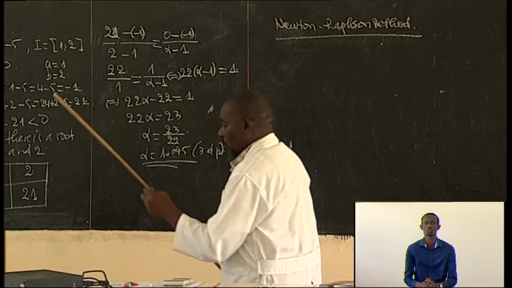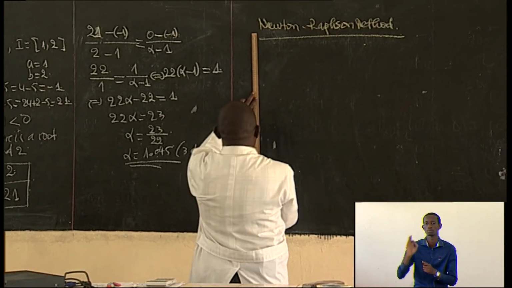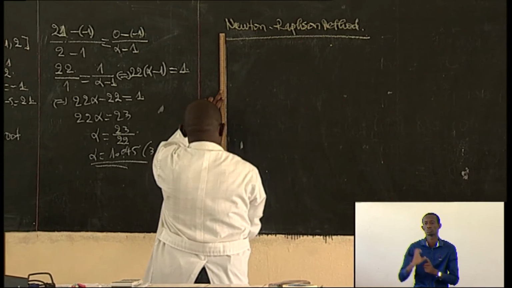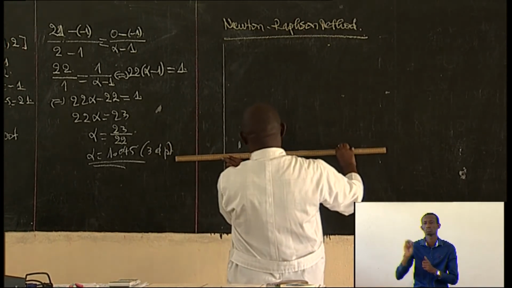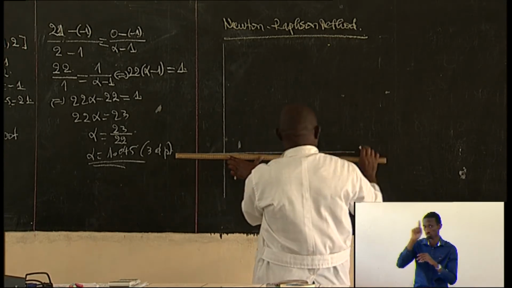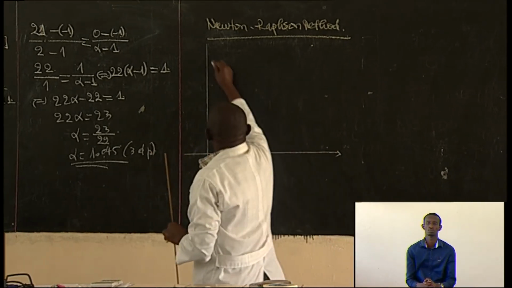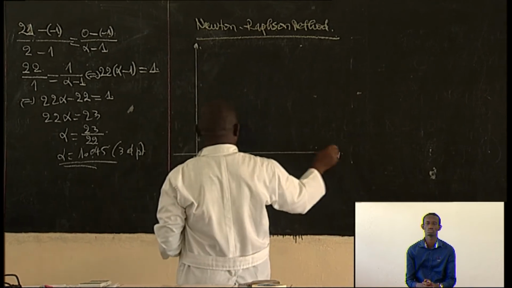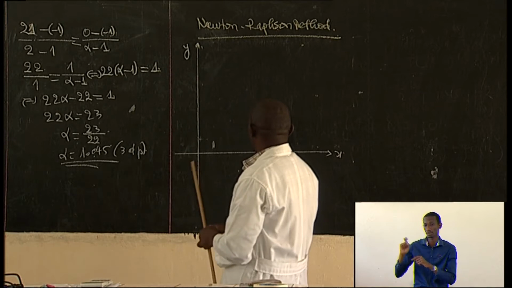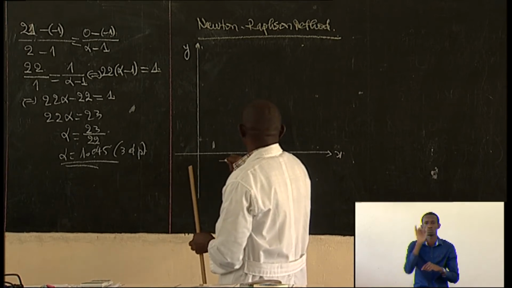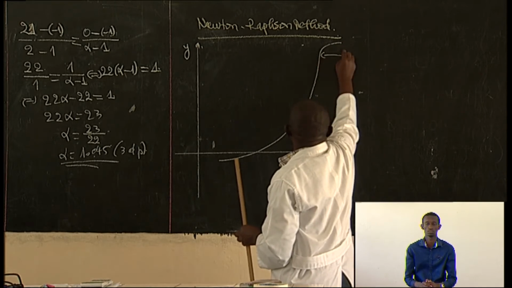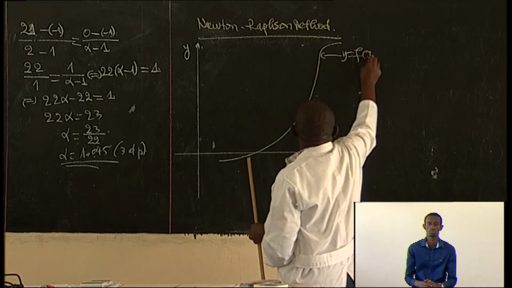I need a function. I work in the Cartesian plane. You are following on the chalkboard. X is the independent variable, y the dependent variable. Let me have this function, y equals f of x.